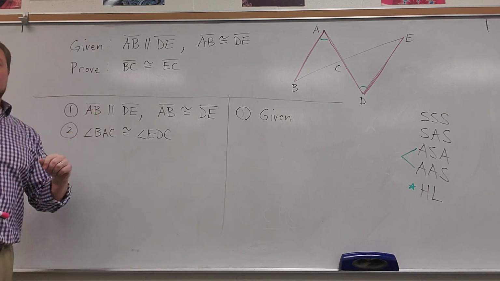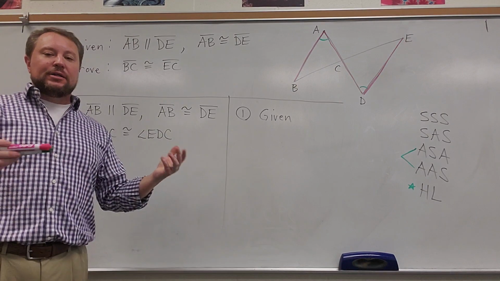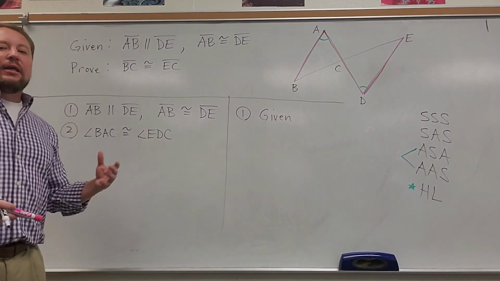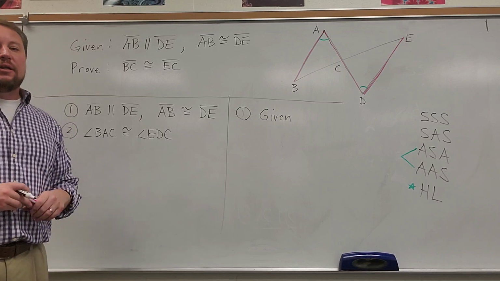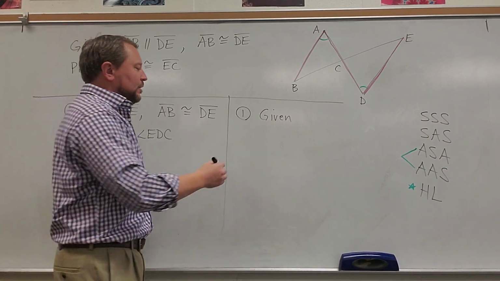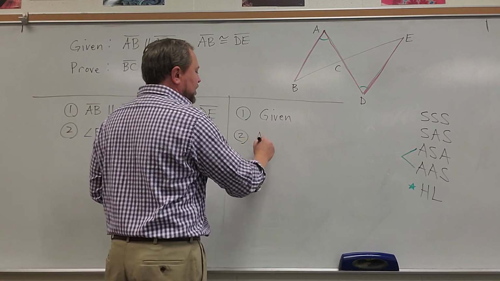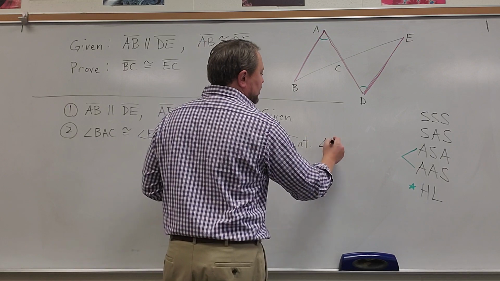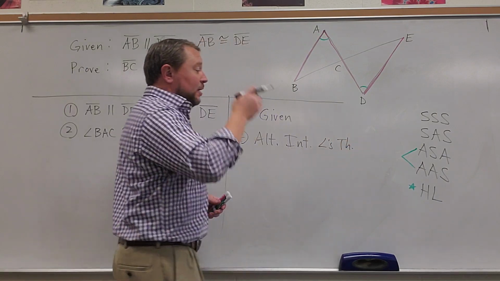And remember, in that chapter, we had different postulates and theorems that stated that these things are going to be congruent. And the alternate interior angle one is literally just called the alternate interior angles theorem. So if you want to put that, you can. The alternate interior angles theorem. It is a theorem, though.